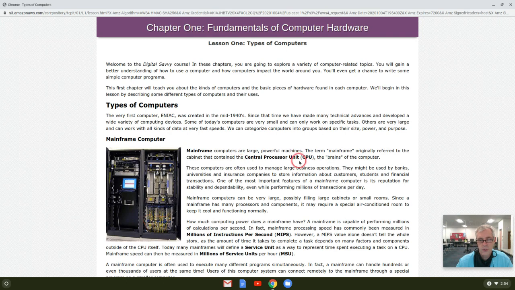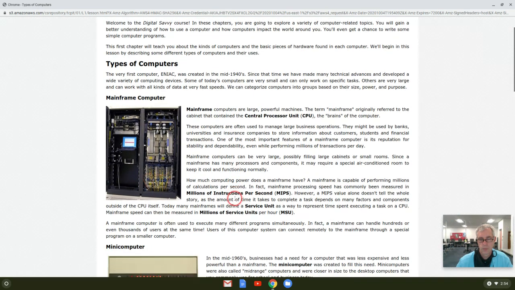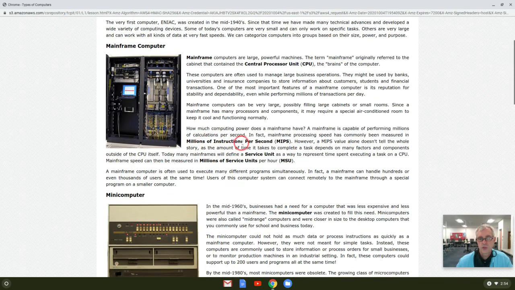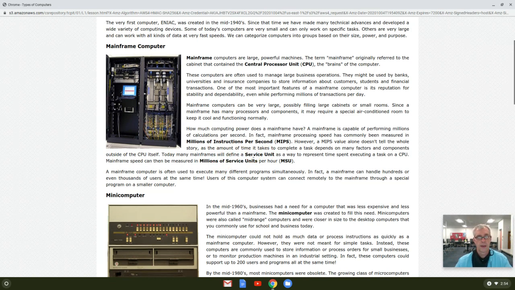These are great opportunities to come up with some of these word banks. Millions of instructions per second, MIPS, M-I-P-S. Millions of service units per hour. I could easily come up with a question where you have to choose one of these, and unless you know the difference, it's going to be complicated.